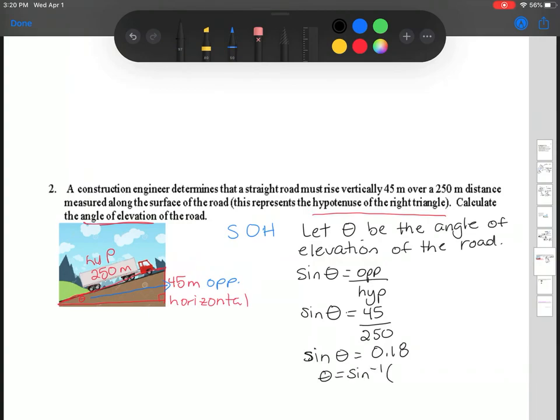To get rid of sine, we take the inverse of sine, and the answer is 10.4 degrees. And then, of course, don't forget, this is a word problem, so write an answer statement.